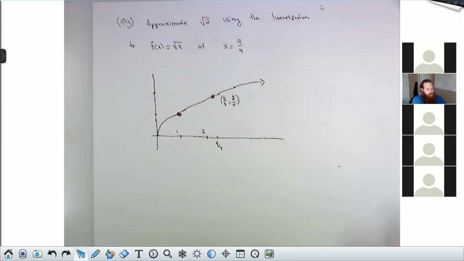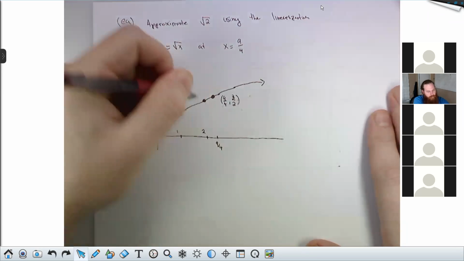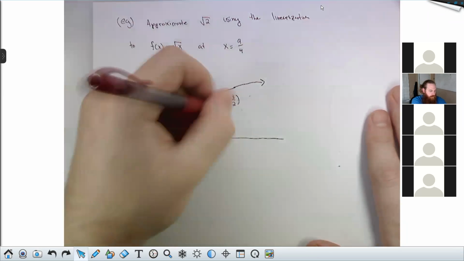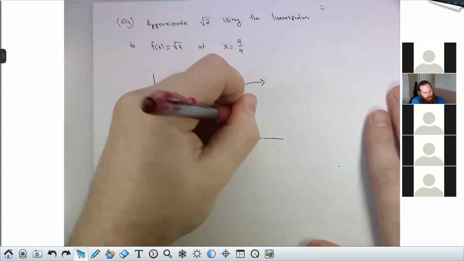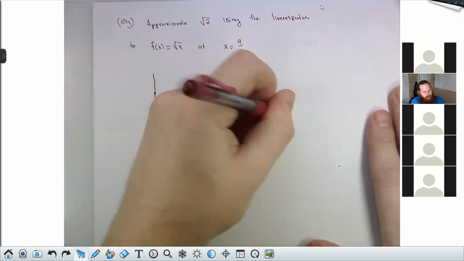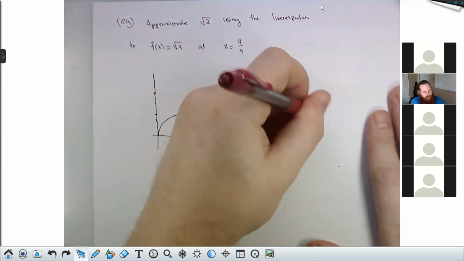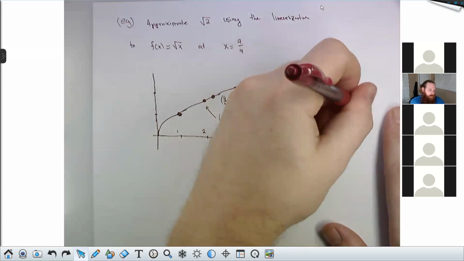What I would really like is the y value here. This point is 2 comma the square root of 2. And I want to approximate the y value, which is root 2.